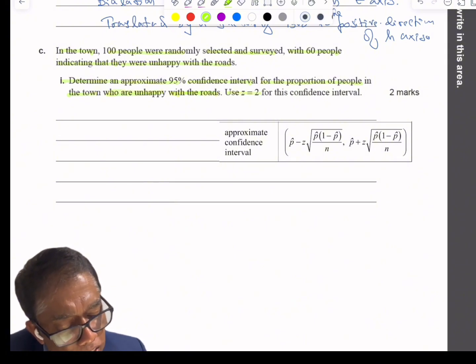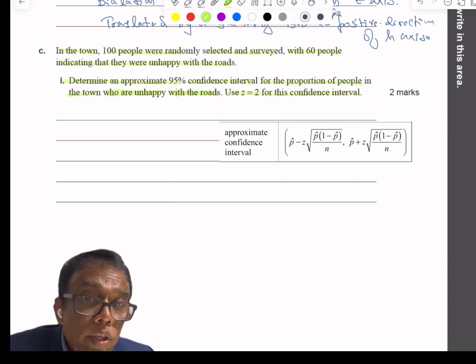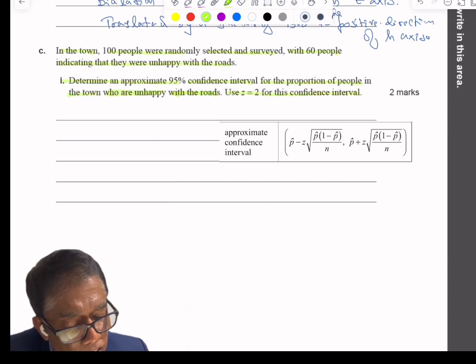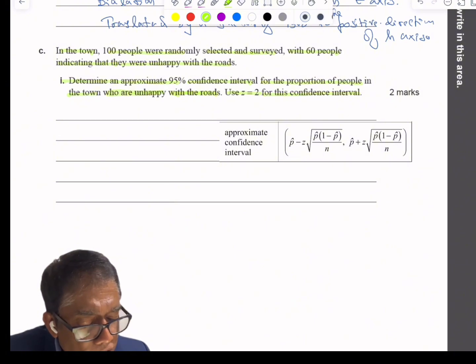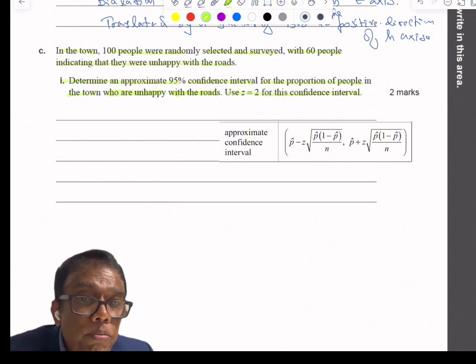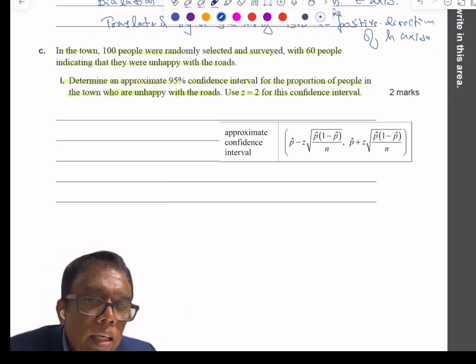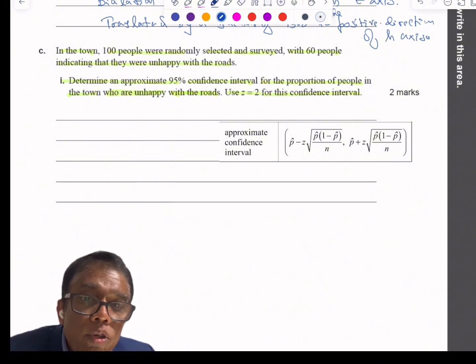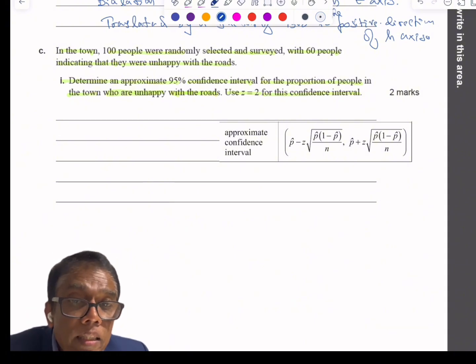According to the formula sheet, the approximate confidence interval is given by p hat minus z times square root of p hat times (1 minus p hat) over n, comma, p hat plus z times square root of p hat (1 minus p hat) over n, where p hat is the sample proportion.